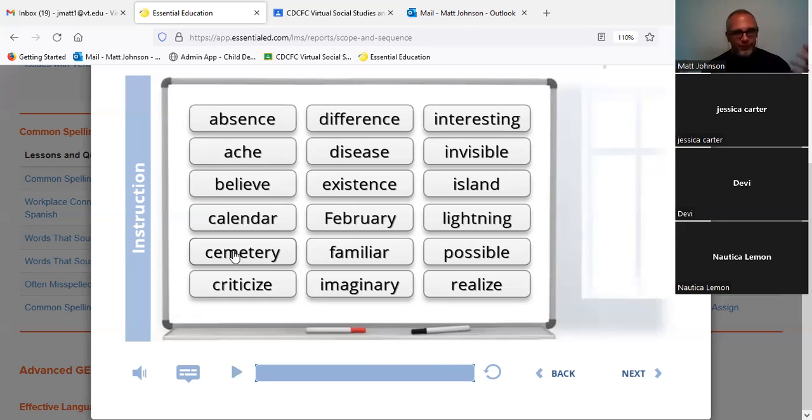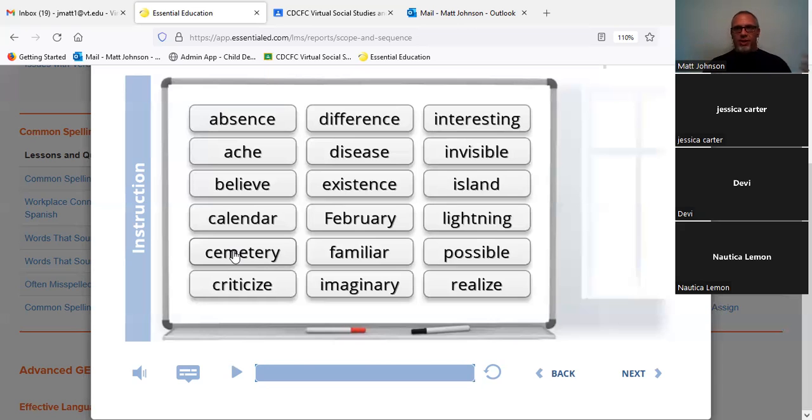And again, regional dialects and accents all will change how we say things, like realize. We tend to soften that Z sound a lot and make it sound more like an S. Imaginary. There's more of that E sound with the AR than there is the AR sound. You don't say imaginary clearly, particularly if you start talking fast or you're using it within a sentence, we don't always enunciate things.